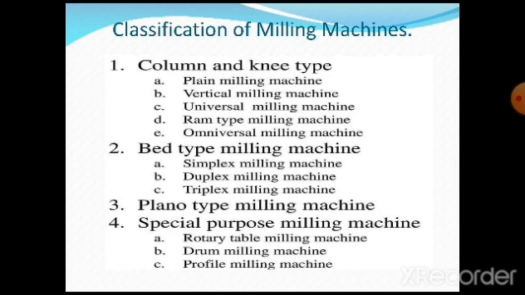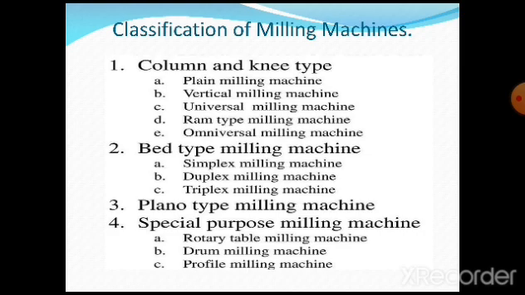Now we need to understand how the classification of milling machines is carried out. There are four important main classifications: column and knee type, bed type milling machine, plano type milling machine, and special purpose milling machines. All these machines are designed and constructed depending upon the requirement and the type of workpiece to be milled.